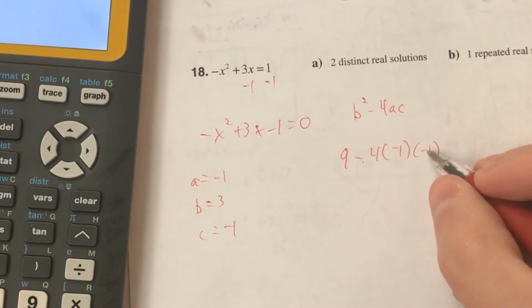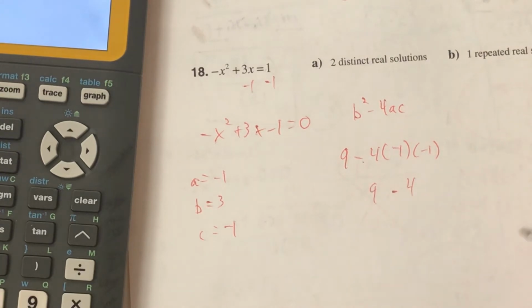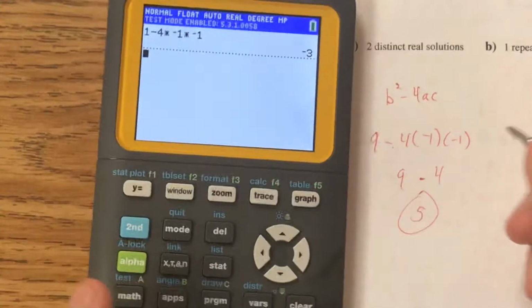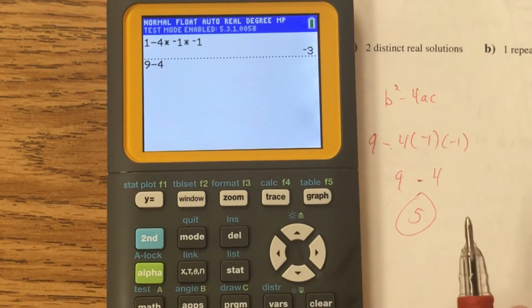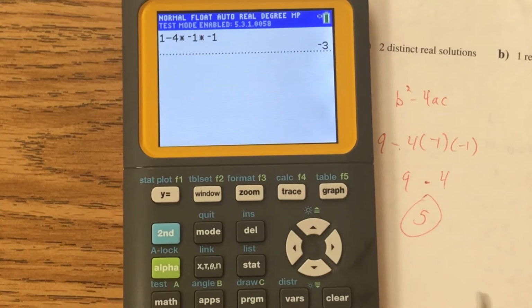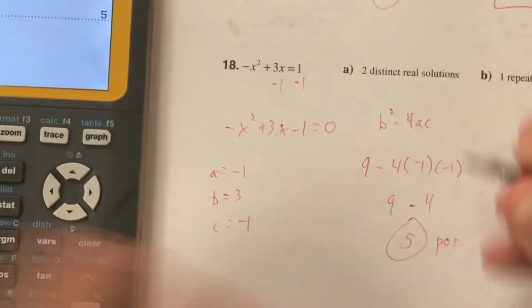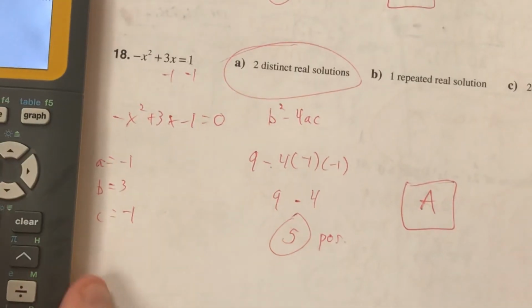Negative times a negative is a positive, times a negative is a negative, so this would be a minus in the end, which is 5. You can double check it, or you could be lazy and not do it to begin with, but whatever. You get 5. 5 is positive. So it looks like this could be 2 real answers again. And there you go.